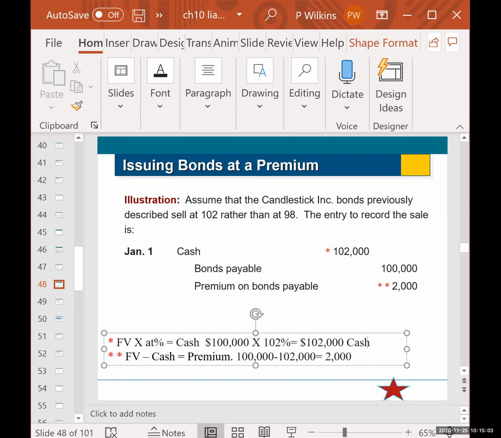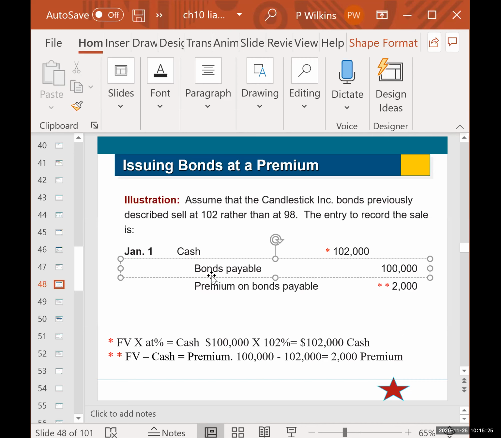And then in order to figure out if it's a discount or a premium, it's the face value minus the cash. And in this case, it's a premium because the cash is $102,000. The face value is $100,000. So we have $2,000 more than the face value, so it's a premium.